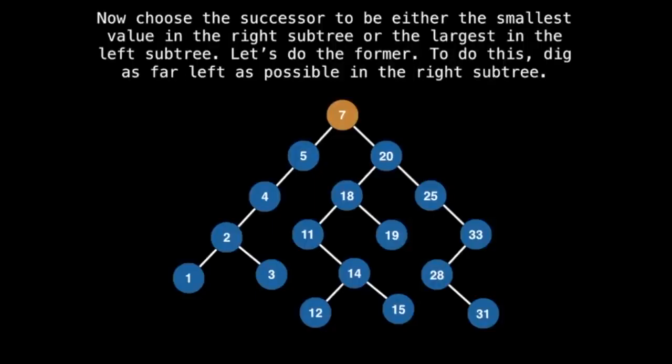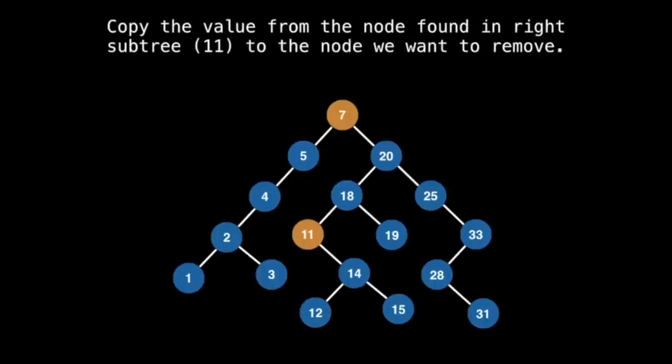Let's find the smallest value in the right subtree. And to do this, you would go to the right once and then dig as far left as possible. So now that we found the successor node 11, we would copy its value into the node we're trying to remove, which is the root node 7.